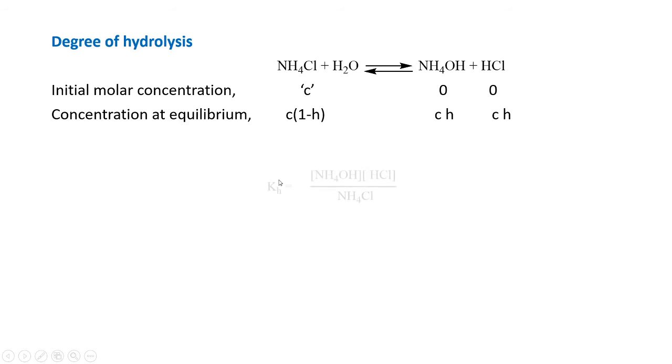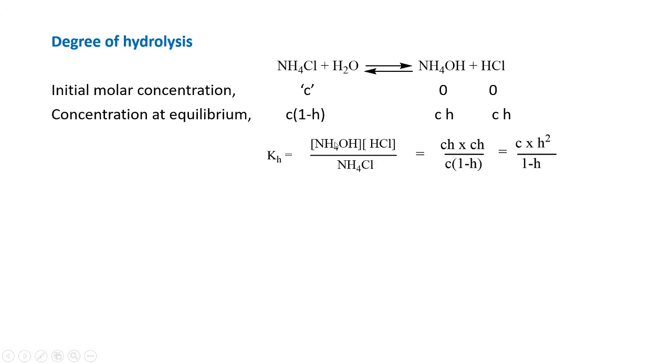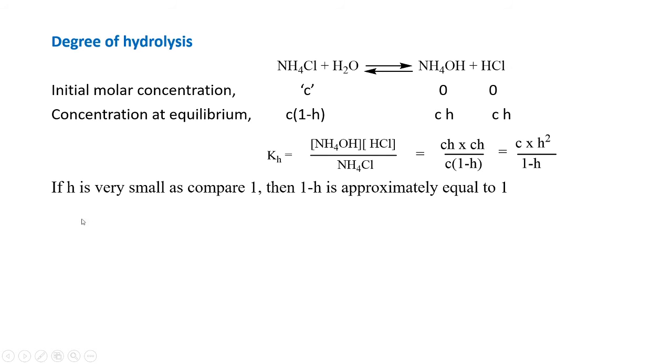So the hydrolysis constant of this reaction is NH4OH into HCl upon NH4Cl. By putting the values of the concentrations at equilibrium, for ammonium hydroxide Ch and for HCl also Ch, divided by the concentration at equilibrium for ammonium chloride, C into (1 minus h). Here C gets cancelled. We will get Kh equal to C into h squared upon (1 minus h).